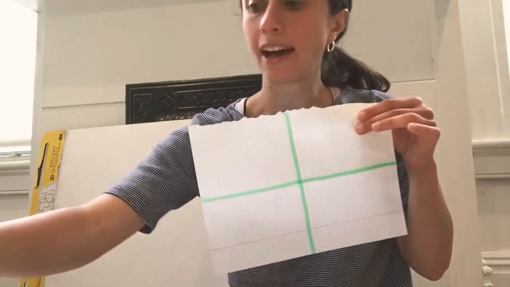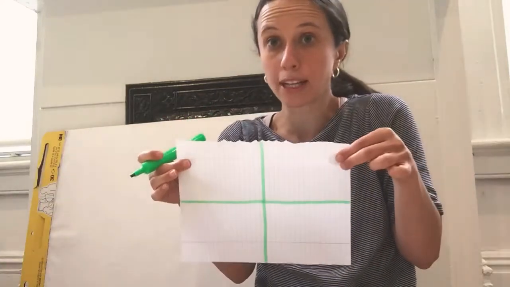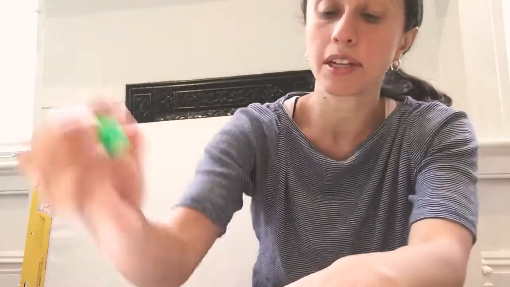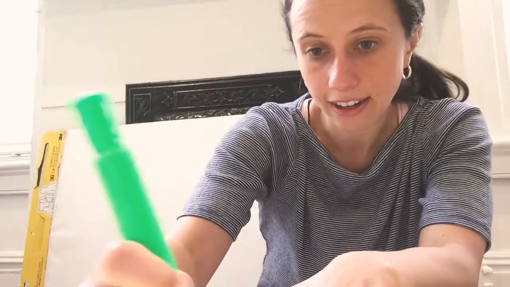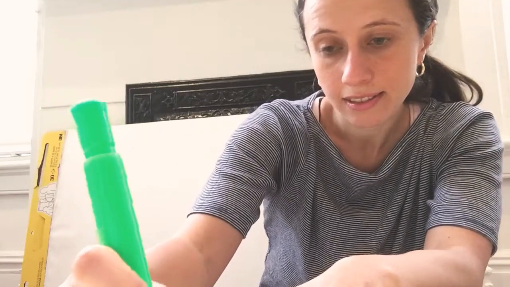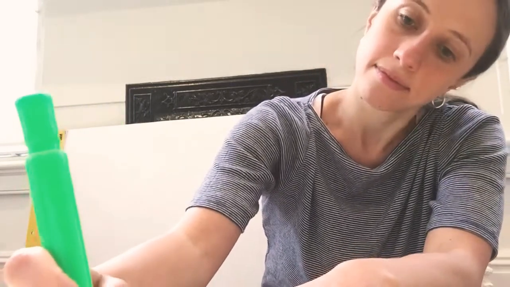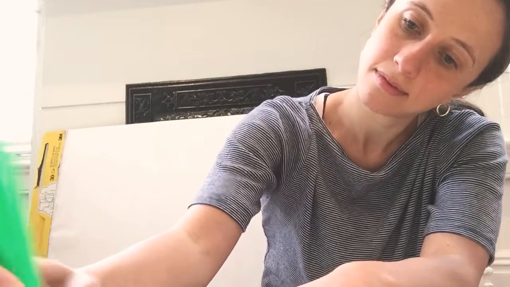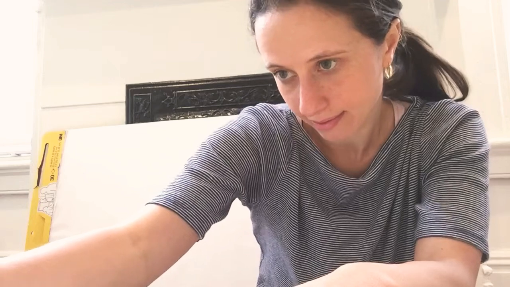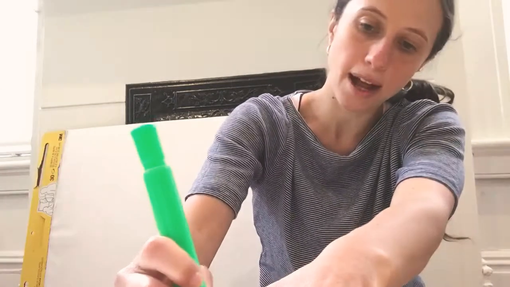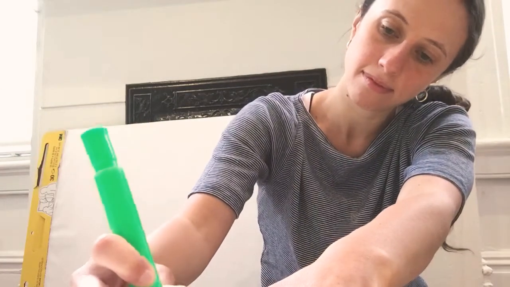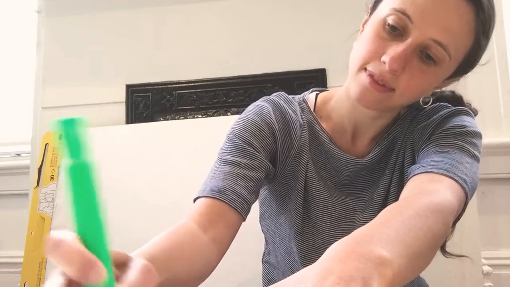Okay, now I'm going to write the different story elements we're going to try to find. So we're going to try to find the characters, the setting, the problem, and the solution.